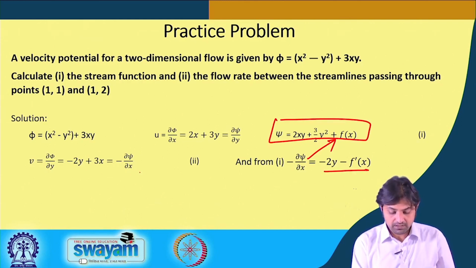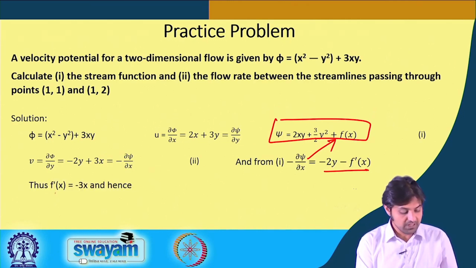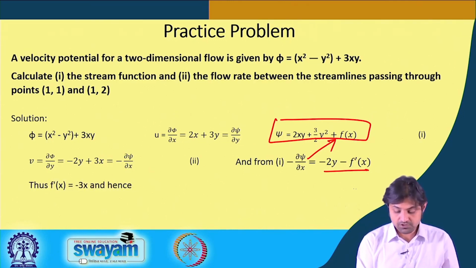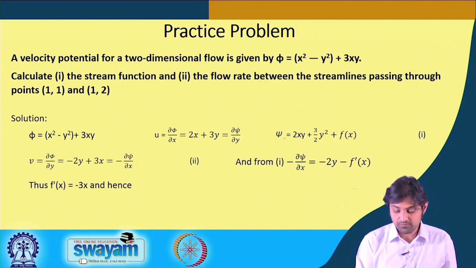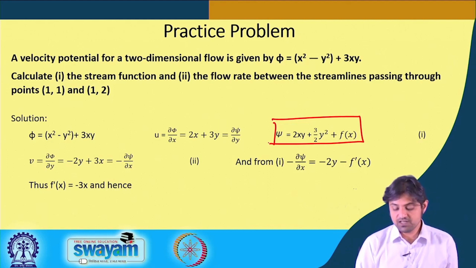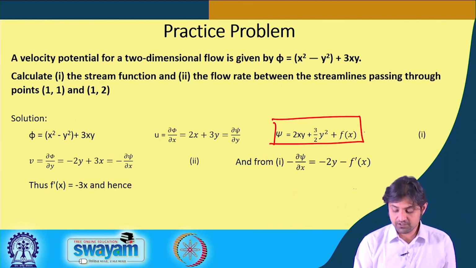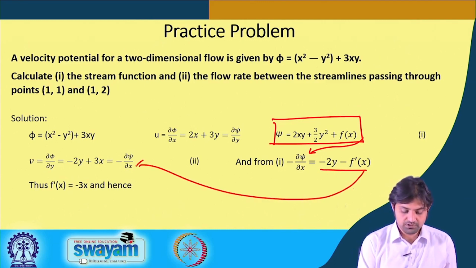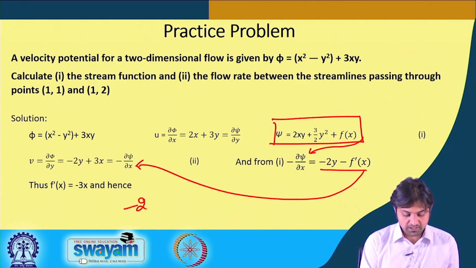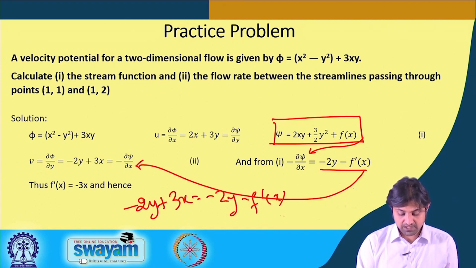Then we substitute it into this equation: minus 2y plus 3x was equal to minus 2y minus f dash x.